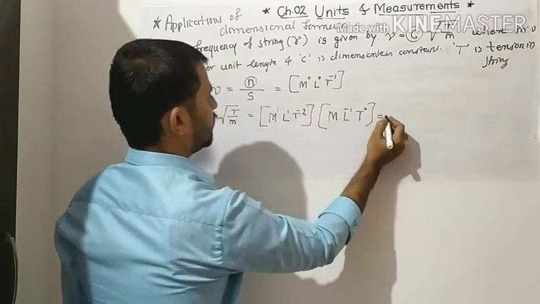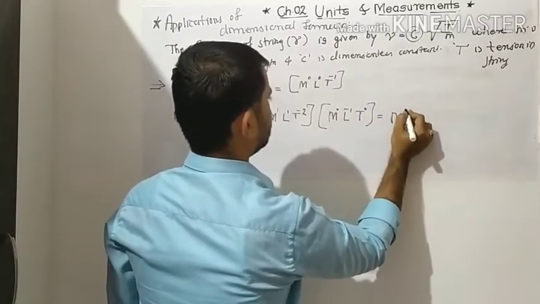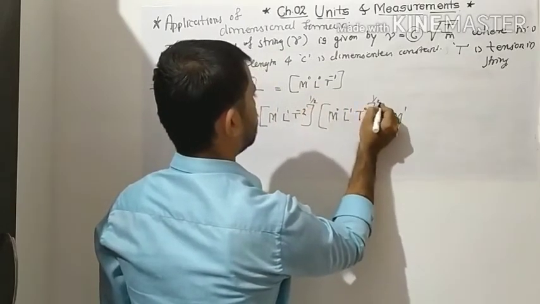So if we take the power, then m raised to 1, here half, and here also minus half.